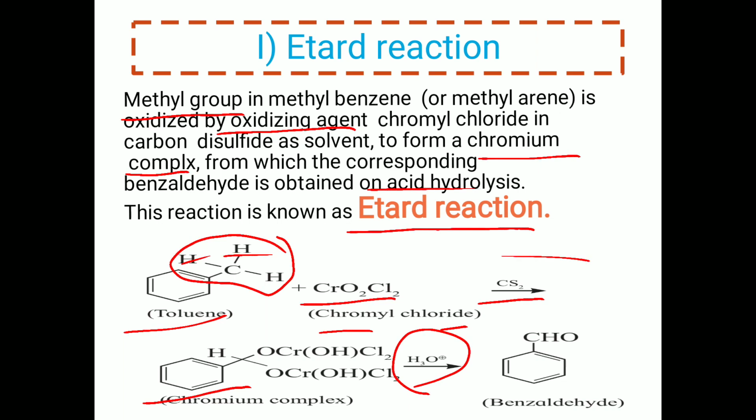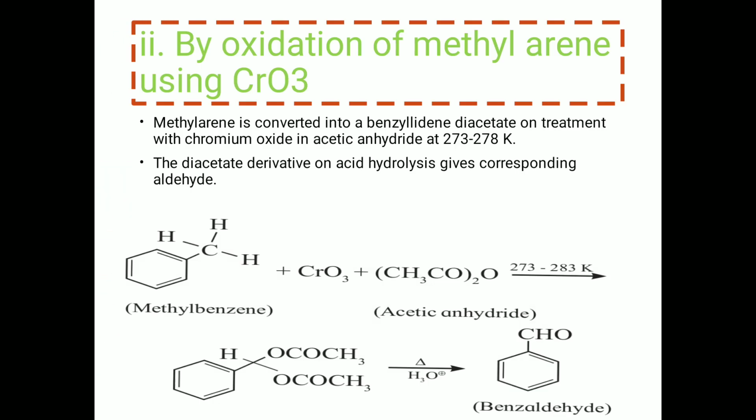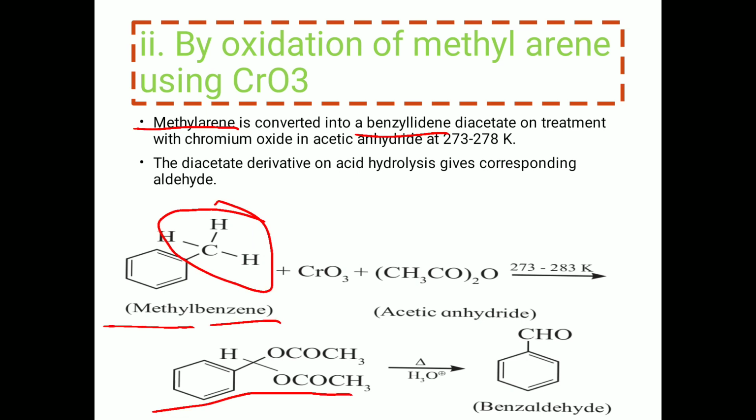Now the second reaction is the oxidation of methyl arene using CrO3. The methyl arene, also known as toluene, has the methyl group attached to the benzene ring. It is converted into benzylidene diacetate on treatment with chromium oxide CrO3 in acetic anhydride.